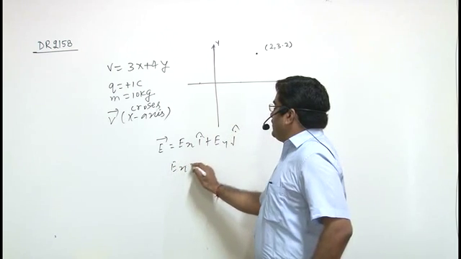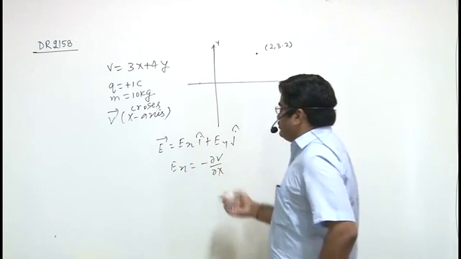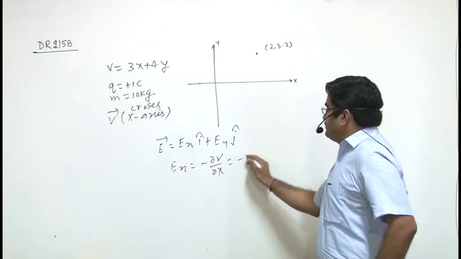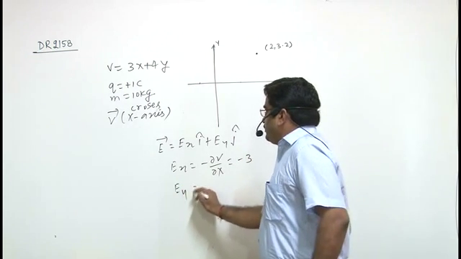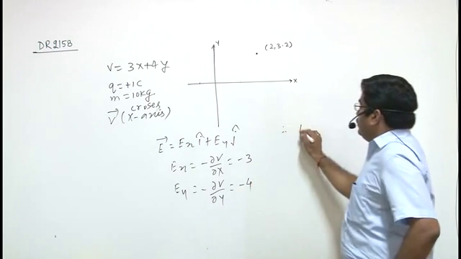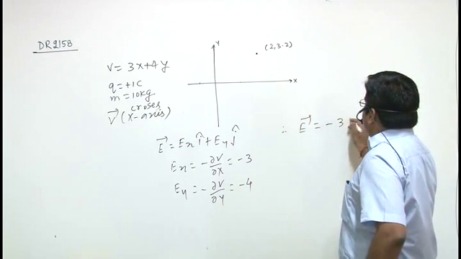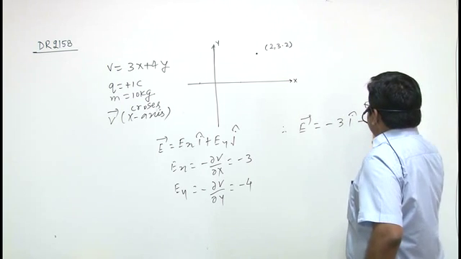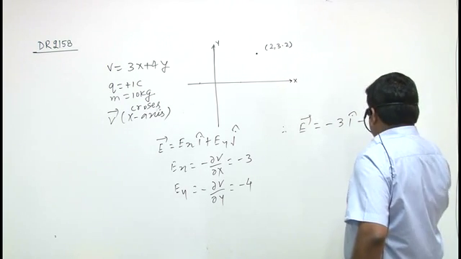The x component of the electric field will be minus del V by del x, you may be knowing this formula, and it is minus 3. The y component of the electric field will be minus del V by del y, it is equal to minus 4. So the electric field is equal to minus 3 i cap minus 4 j cap.